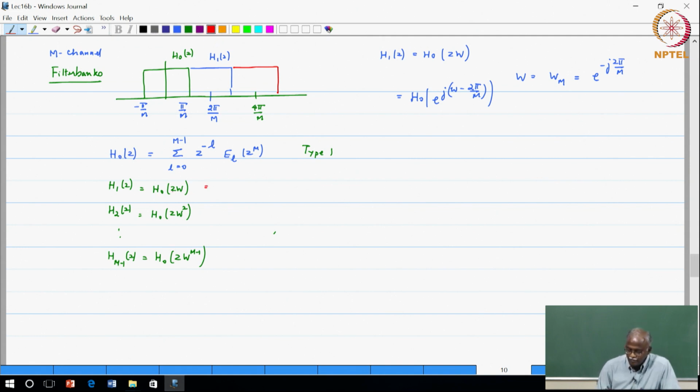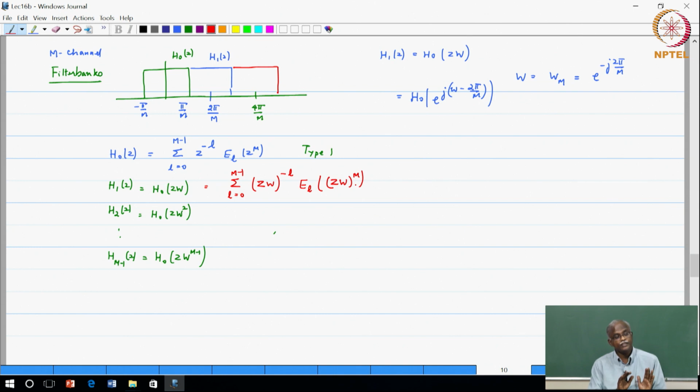So, basically wherever there is Z, replace it with ZW. So, this expression would become summation L equal to 0 to M minus 1, (ZW) raised to the power minus L, E_L of (ZW) raised to the power M, correct.